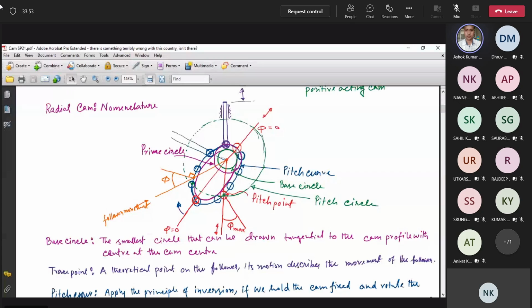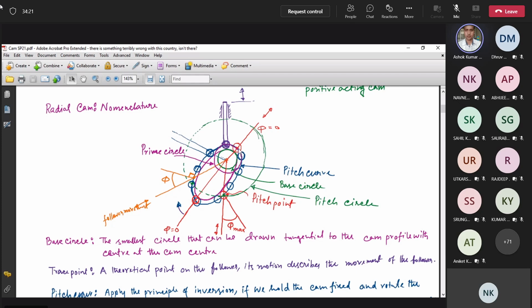So let us take this trace point. What is the line of movement? This is the line of movement of the follower. What is the normal? For this point, the normal is the same line. That means the angle between the movement of the follower and the normal is 0. So here the pressure angle is minimum.